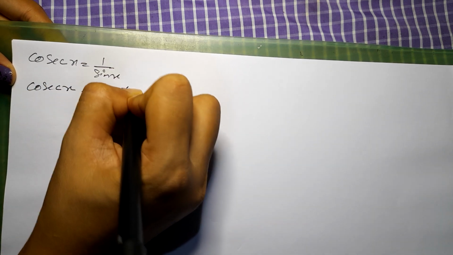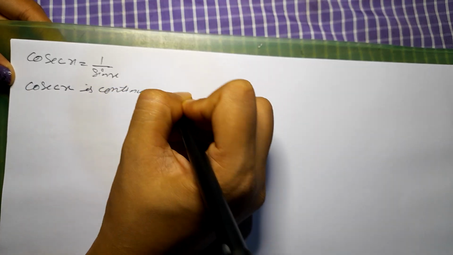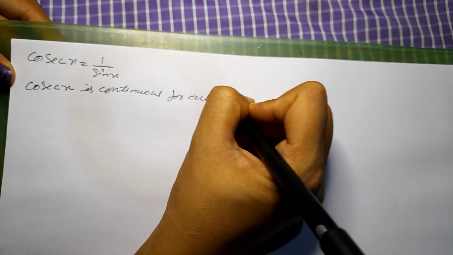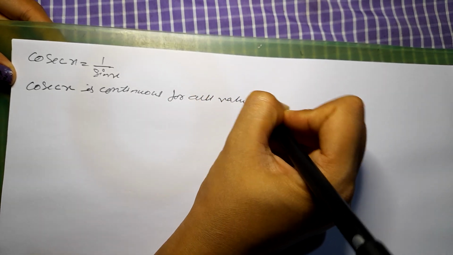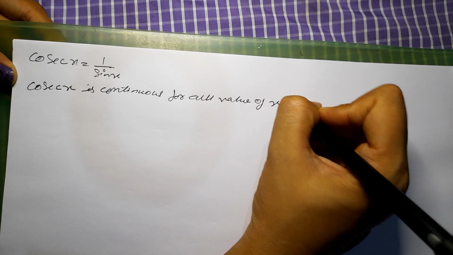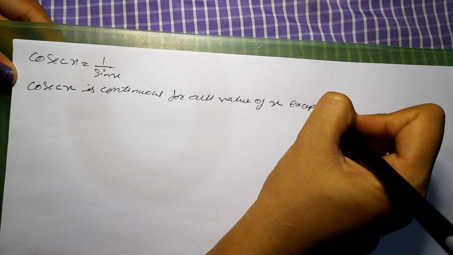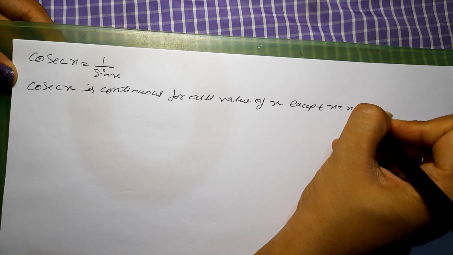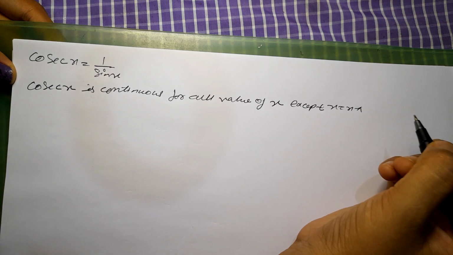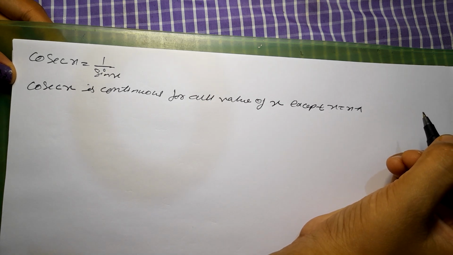So cosec x is continuous for all values of x except x equal to n pi. Excluding x equal to n pi, for the rest of the values it will be continuous.